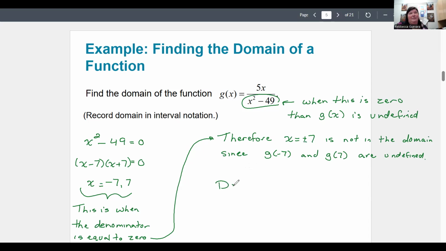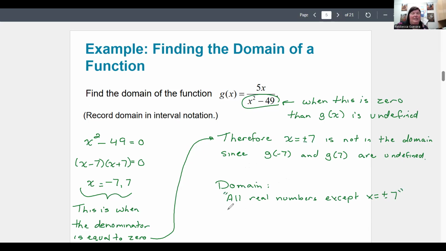So we had a couple ways of saying this. The old way of saying the domain: all real numbers except that x cannot be plus or minus 7. That's one way of saying it.